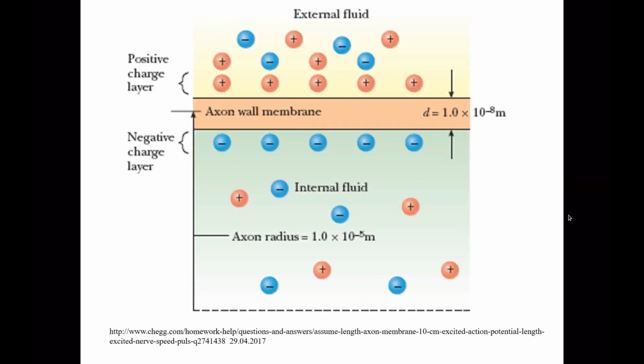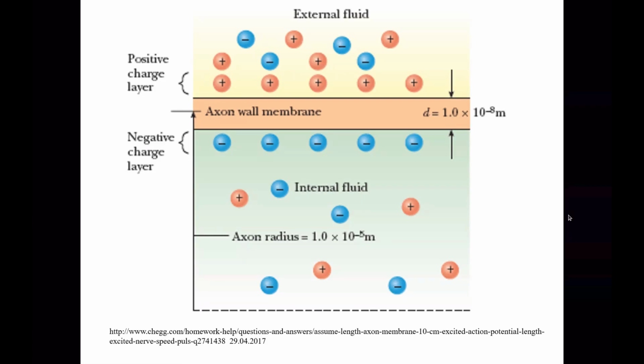If we look at the cross section of the axon, we see the membrane of the axon. This is the thickness of the membrane, and two different liquids: this is the internal liquid and this is the external liquid. So definitely they are different. In general, both liquids are electrically neutral. However, the ions here are different.